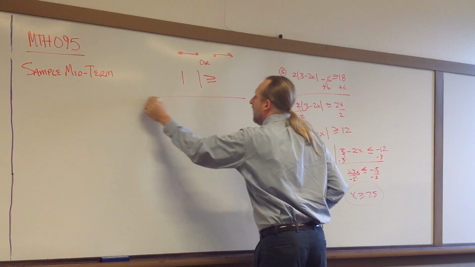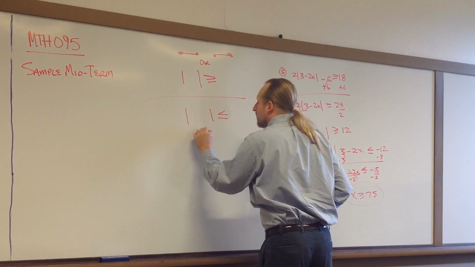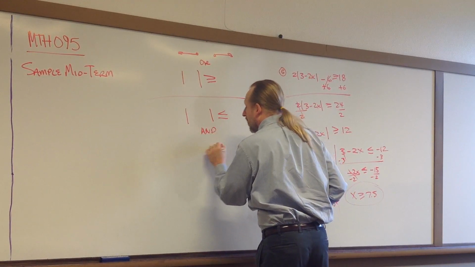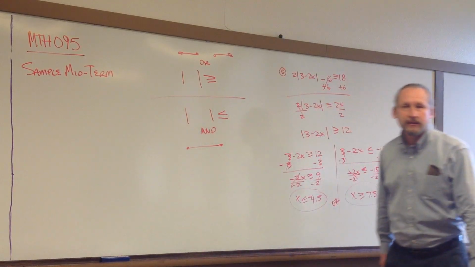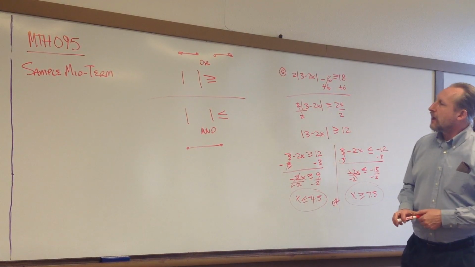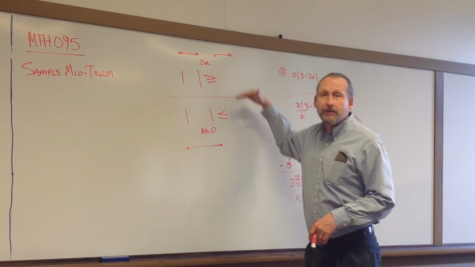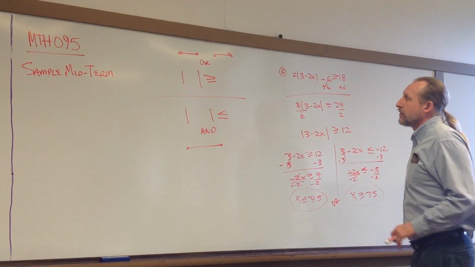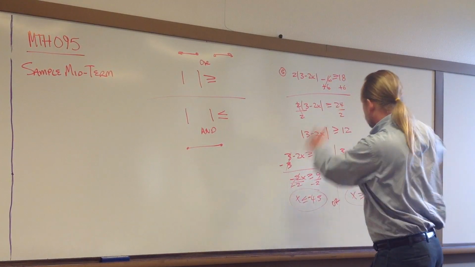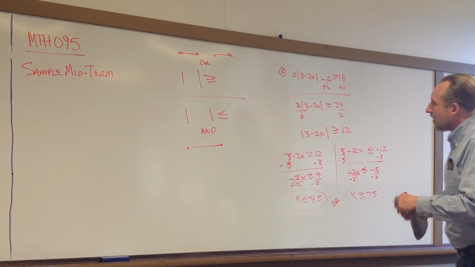And if you've got an absolute value less than something, it will be AND. I don't know if that's helpful to you or not, but that's something you can do to remember how these absolute value inequalities work. It's also a good reminder that you split this in two pieces. But whatever works for you is fine.